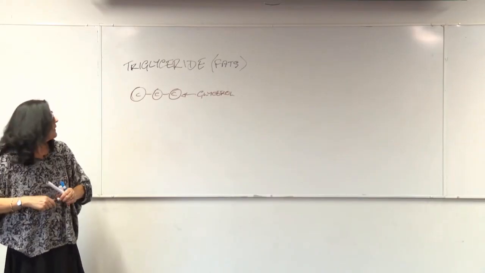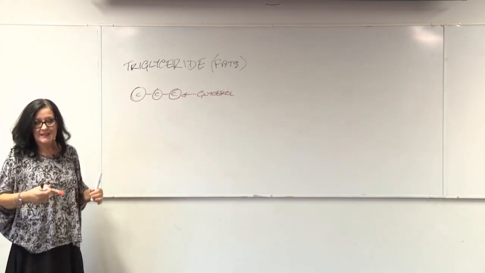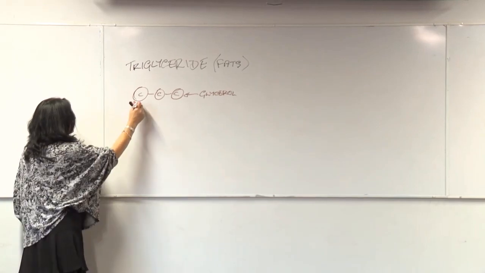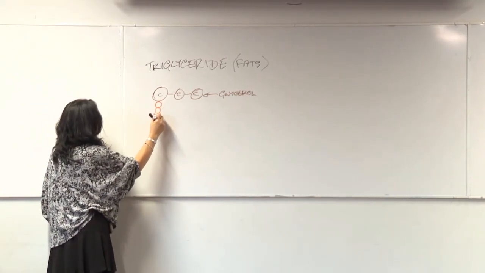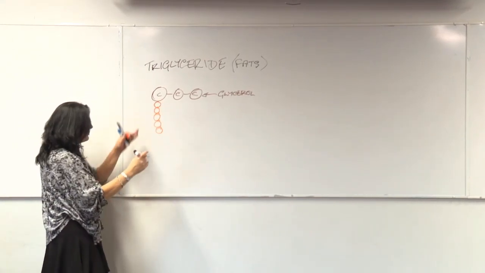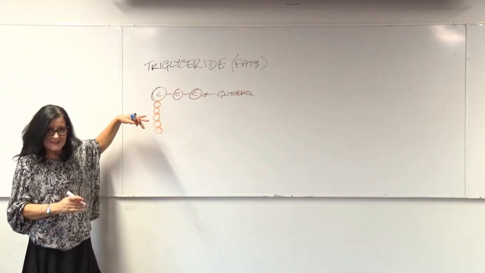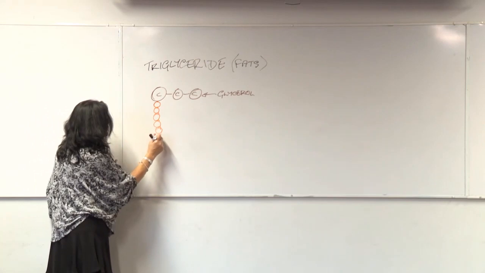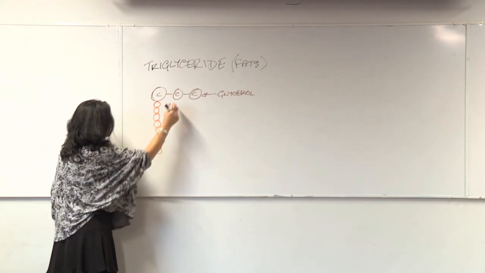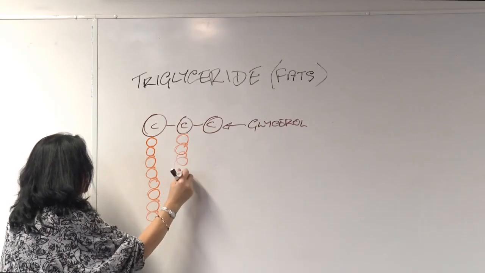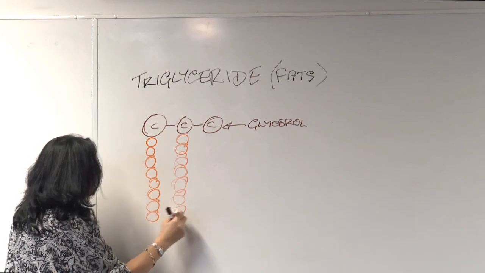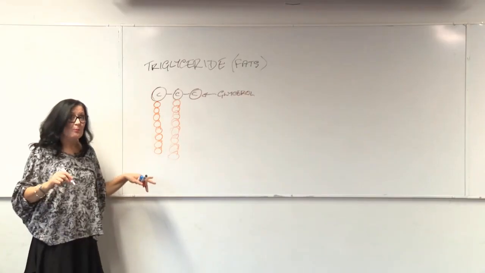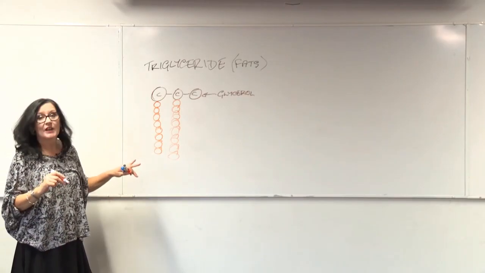Below that, we have fatty acid chains. And all of these can be separated, and both the glycerol and the fatty acid chains provide energy during cellular respiration. And actually, they're a lot better at it than glucose.